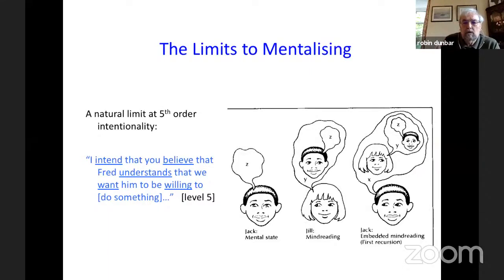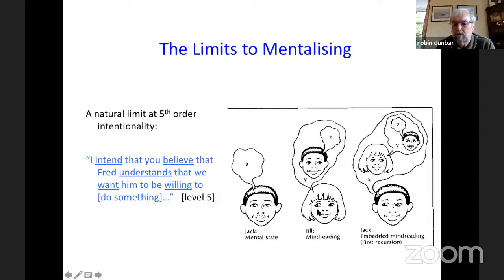Jerome in his first talk today mentioned mentalizing, or theory of mind. Although what he focused on was formal theory of mind, which is this middle row here, where Jill's thinking about what Jack is thinking about. So Jill's thinking about the contents of Jack's mind. I should say that formal theory of mind, thinking about somebody else's mental states, is something that is pretty much unique to humans, but great apes can have a jolly good go at this.